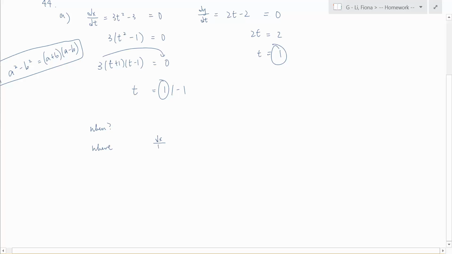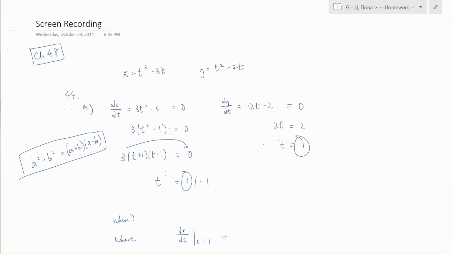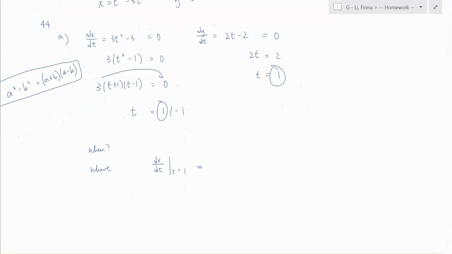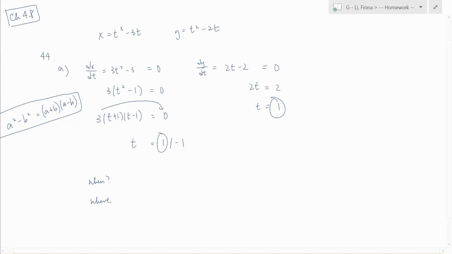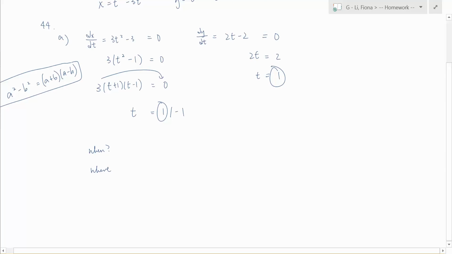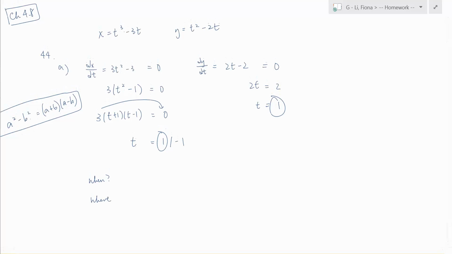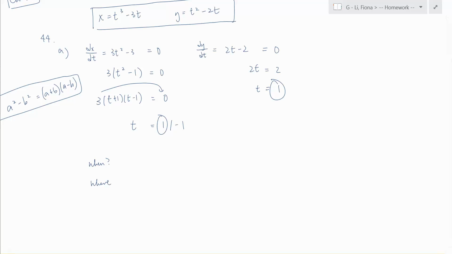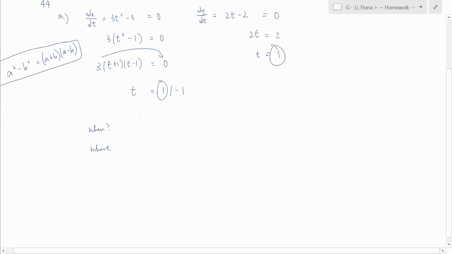So let's go ahead and substitute t equals 1 back into our original equations, so we can get the coordinates of where the particle will be at time equals 1.